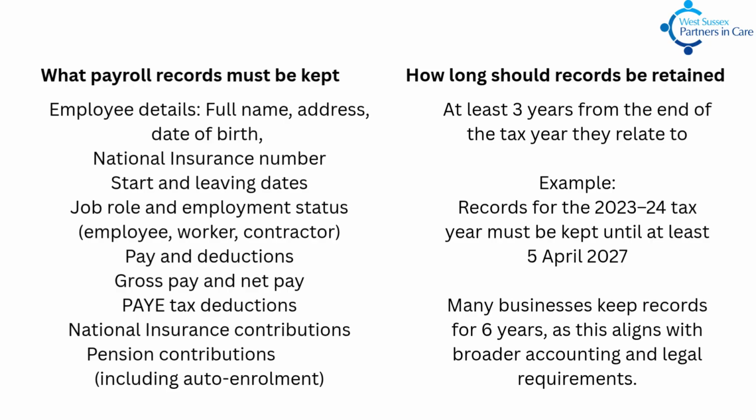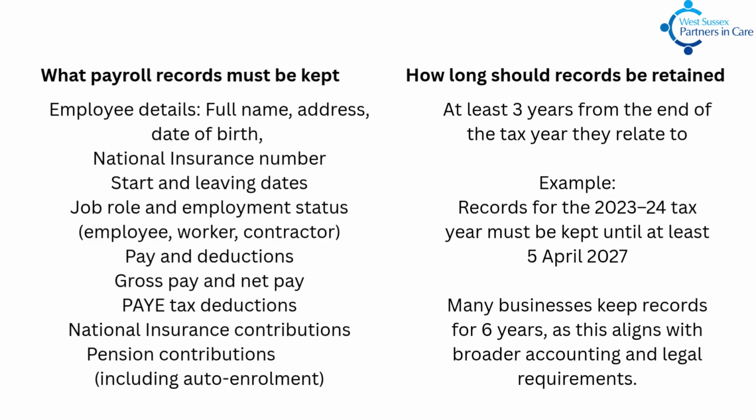For RTI submissions, you will need copies of full payment submissions, FPS, employer payment summaries, EPS, dates sent and confirmation receipts; payments to HMRC: PAYE and national insurance contribution amounts due and paid, dates of payment, any interest or penalties applied; other supporting records, such as timesheets or hours worked, expense and benefits records, PAYE coding notices, P6, P9, contracts and salary agreements.